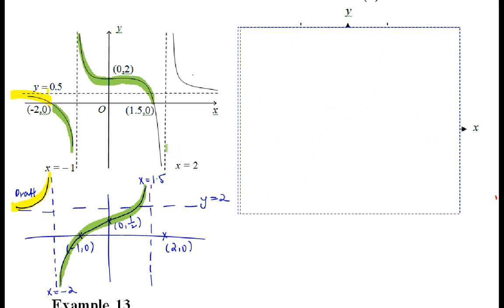Now finally, the last portion. I'm talking about this portion, 1.5 onwards, like that. It's decreasing all the way towards the horizontal asymptote.